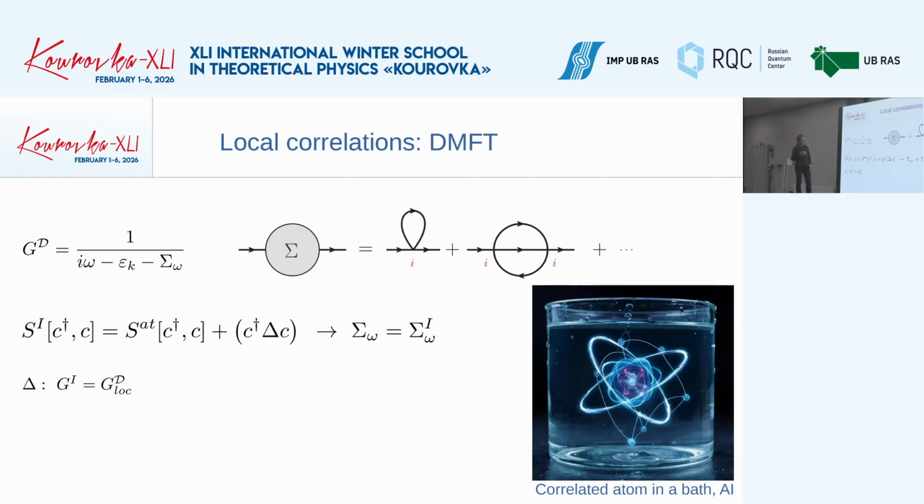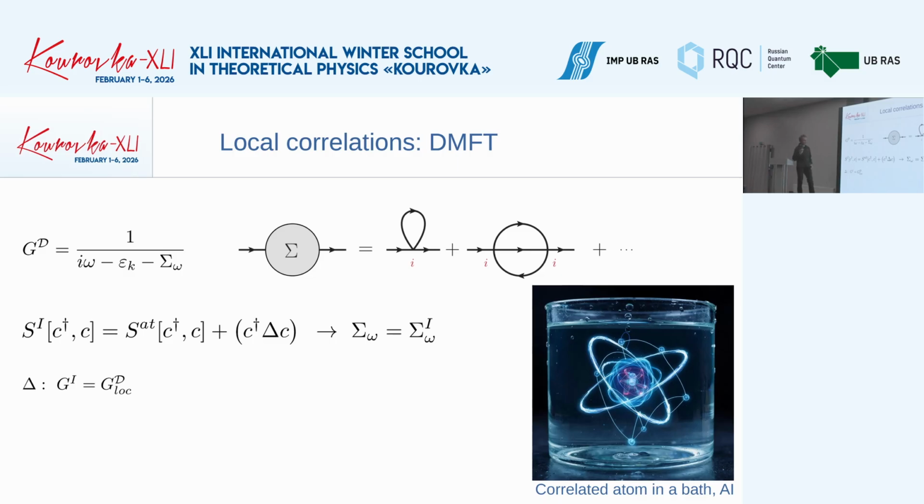This is what was understood basically in the early 90s: that local correlations can be treated in a rigorous and exact manner if you have a computer. And this framework is called dynamical mean-field theory. So what is it in a nutshell?